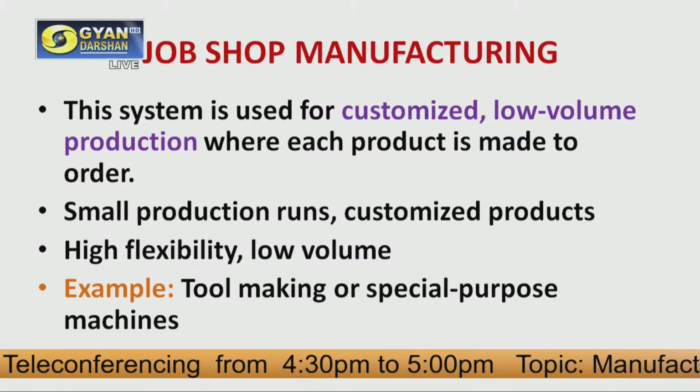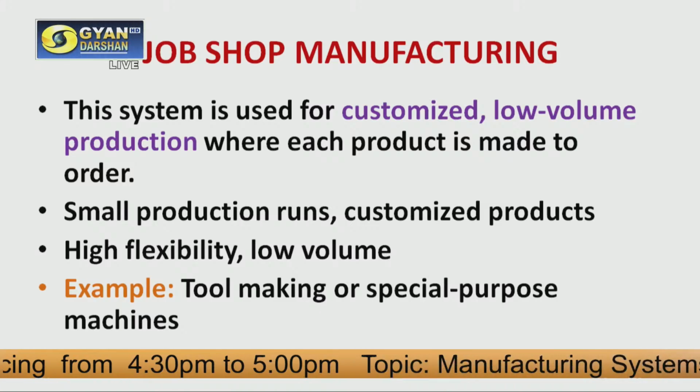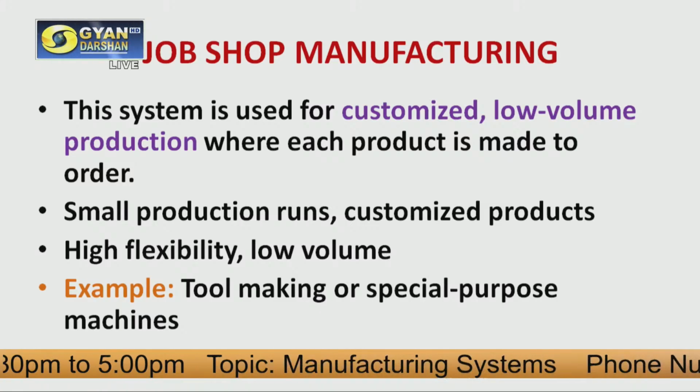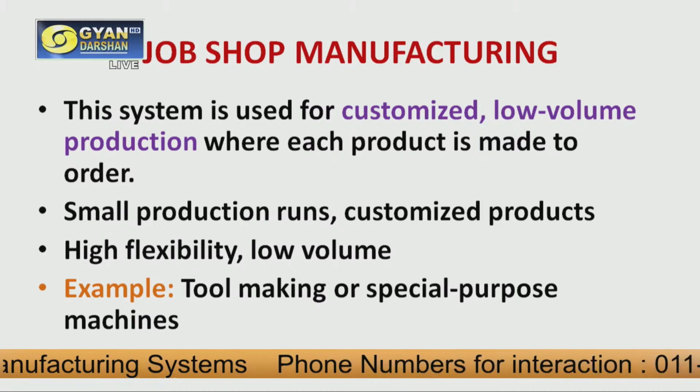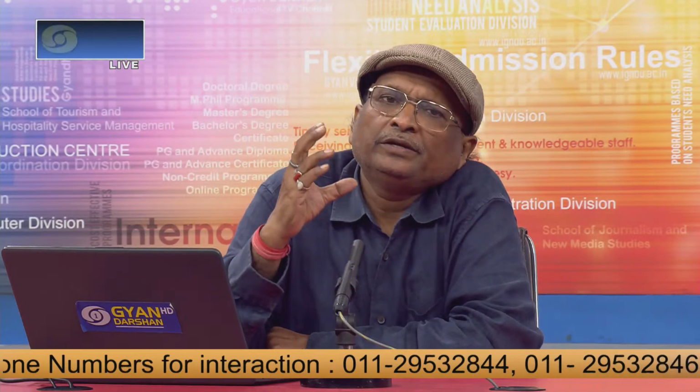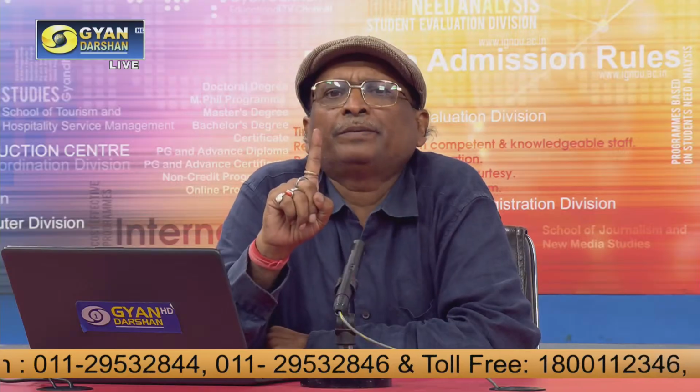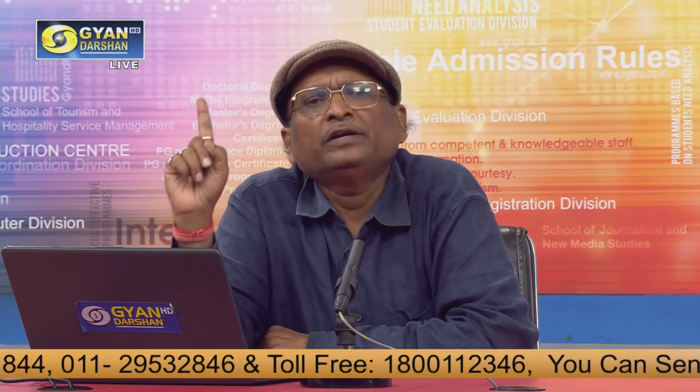Suppose I want to make a power press. Now a 20-ton power press needs different components. But since it has been ordered by a company, we are making only one 20-ton press for one automobile company or any other company.